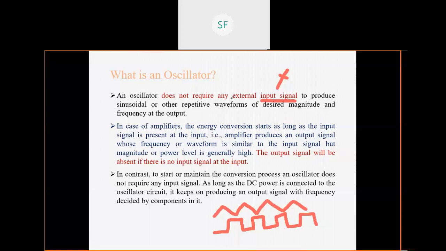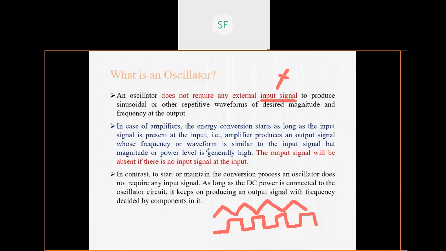So an oscillator does not require any external input to produce sinusoidal or other repetitive waveforms of desired magnitude and frequency at the output. Right? Means without any input, it is giving you the oscillations at the output. That is the inference that can be drawn from statement 1.